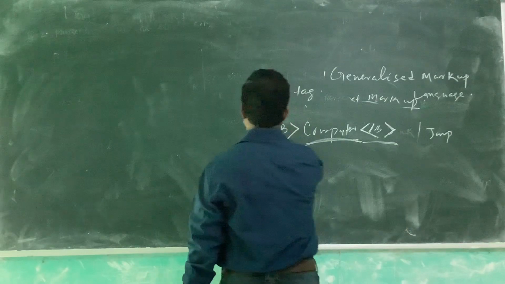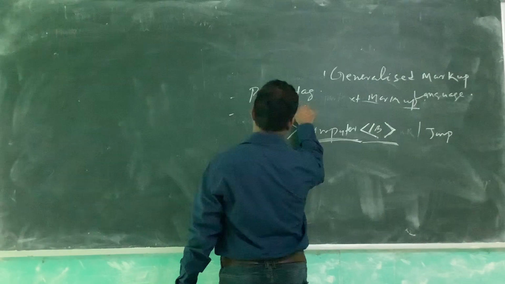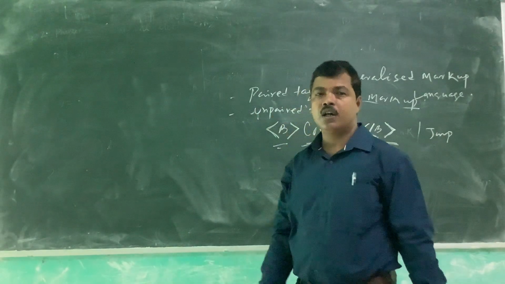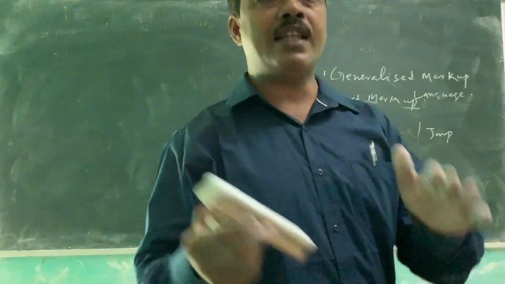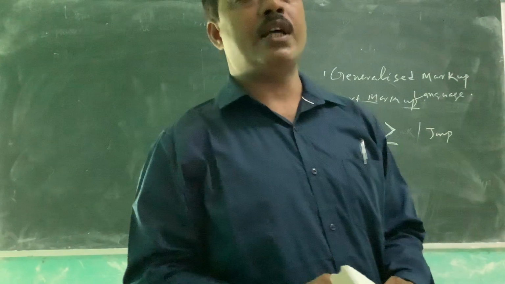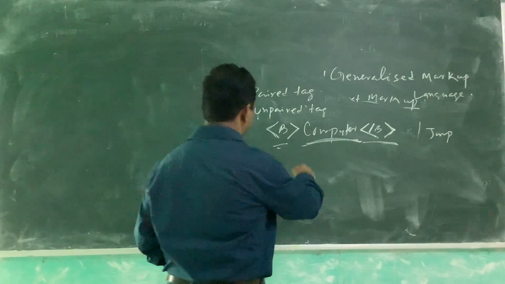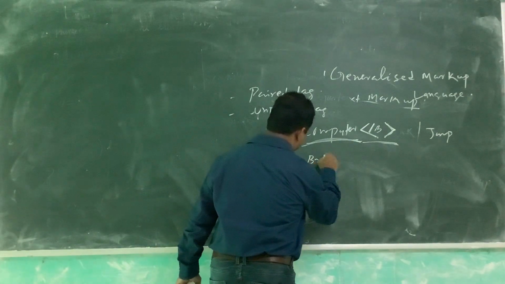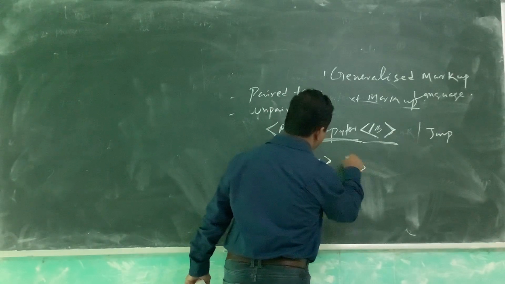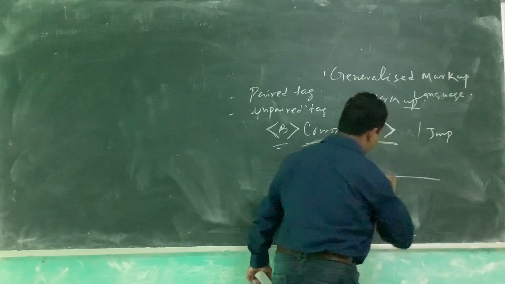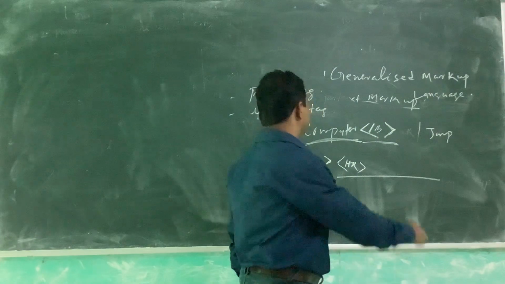The second type of tag is the unpaired tag. That means only an opening tag is available and there is no closing tag or ending tag. Just like the HR tag, to draw a horizontal line or a section break.